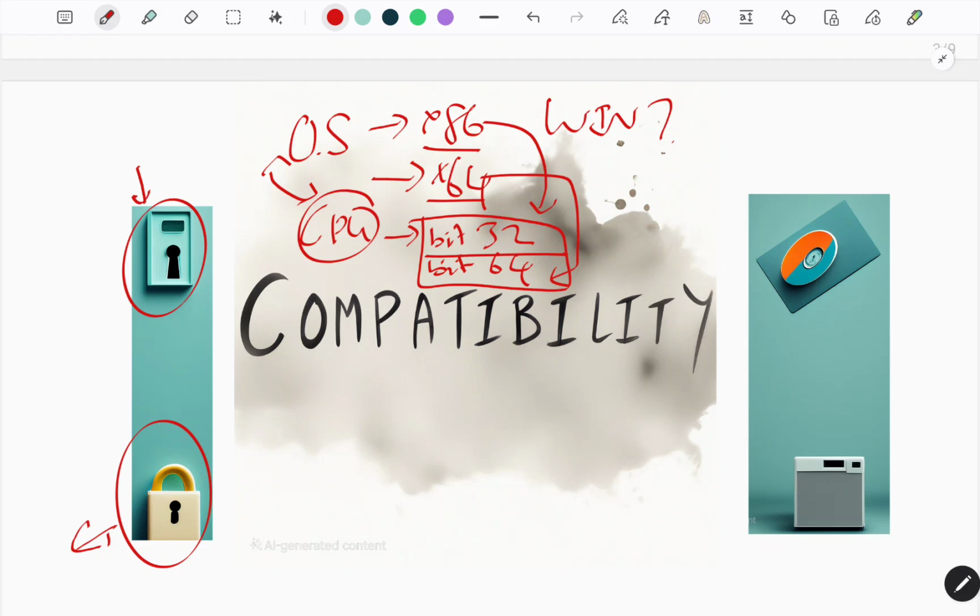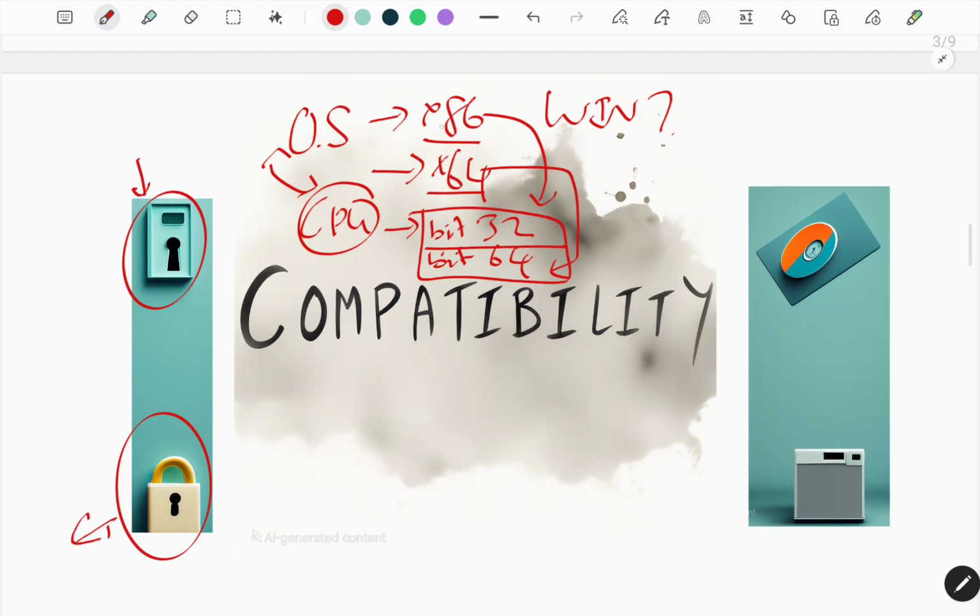And if you run this x86 on 64-bit, cannot run because... very simple, all right.